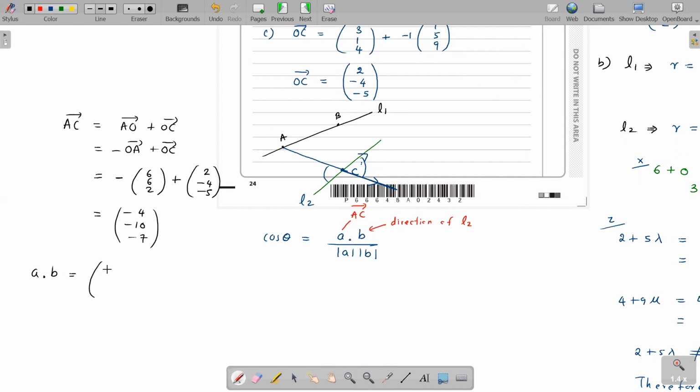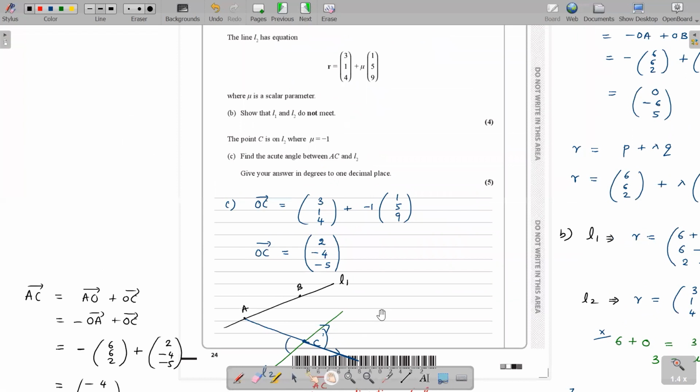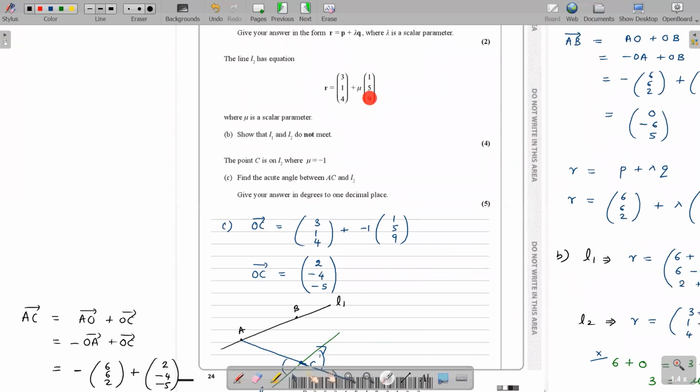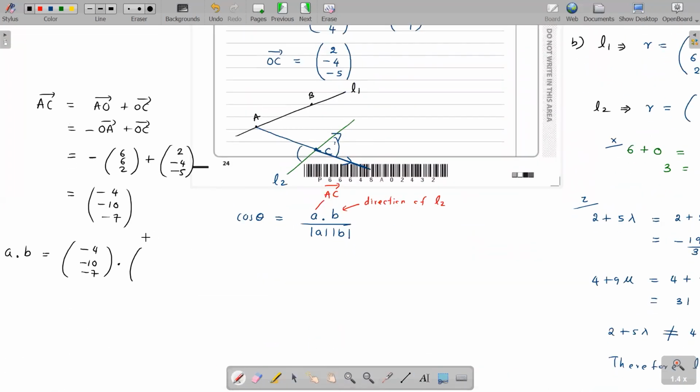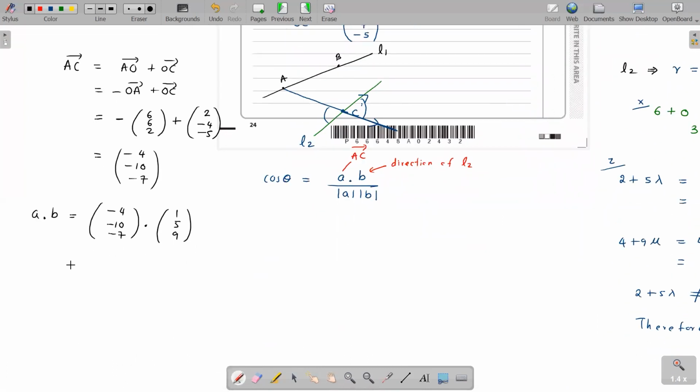Okay, so then shall we get the A dot B? A dot B is the AC direction vector dot product with the line 2. What was the line 2 direction vector? The one with the mu. It is the direction vector 1, 5, 9. That's the direction vector, the one with the parameter. Get the scalar product. Minus 4 into 1 is minus 4.